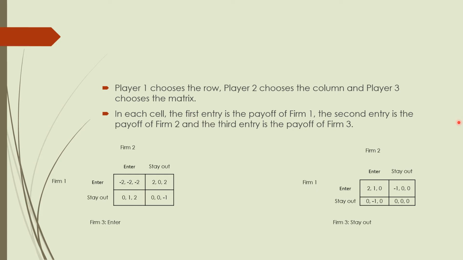It means form 1 chooses the top row, form 2 chooses the right column, and form 3 chooses the right matrix. Hence, the outcome will occur at the top right cell of the right matrix. Therefore, form 1 will get -1 and forms 2 and 3 will get 0 each.